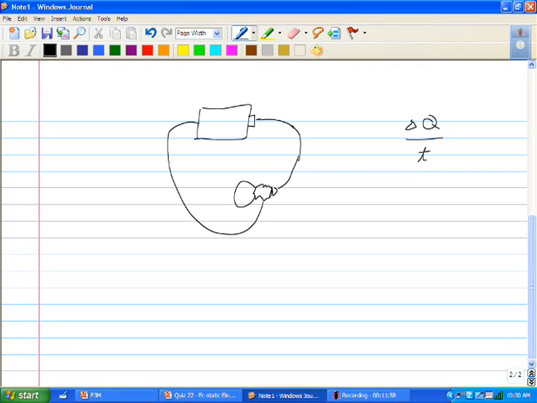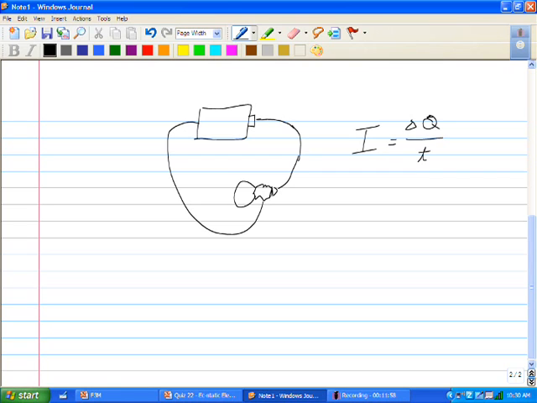What's divided by time? It means it's a rate. Yeah, it's a derivative with respect to time, which is a rate. So what do we call this change in charge with respect to time? We just described it. Current. And the symbol for current is big I.